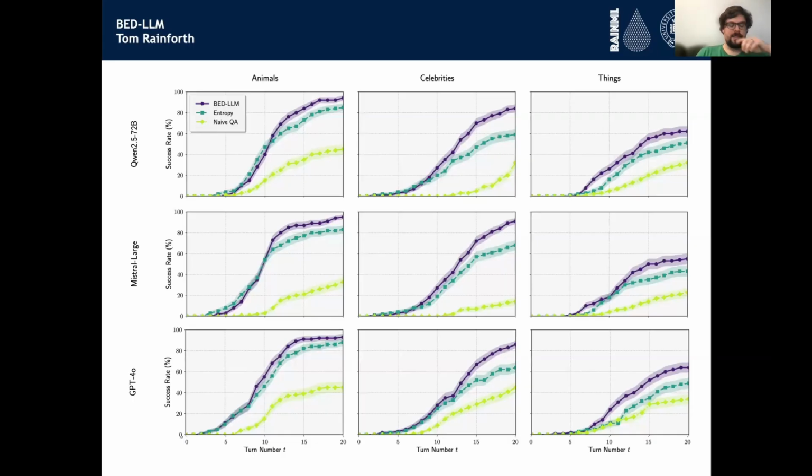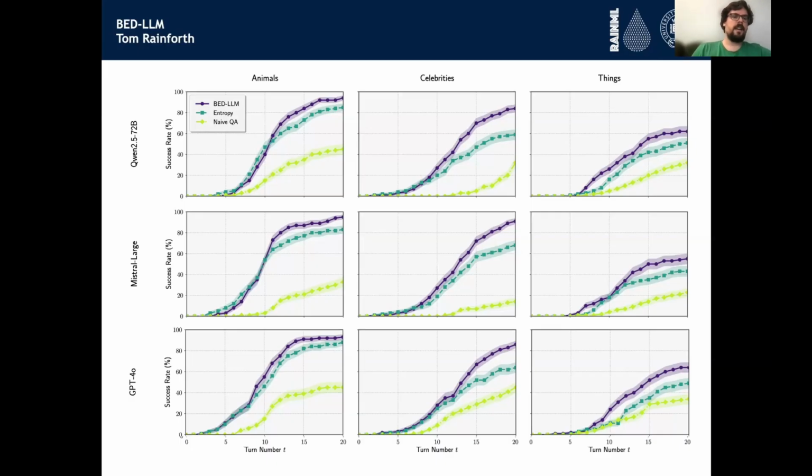And so here is a summary first of the results for 20 questions. Here we've got three different categories. We could do 20 questions to find animals on the left, celebrities in the middle, or things on the right. And what we see, very comprehensively and again and again, is that this BED-LLM approach is significantly outperforming both predictive entropy and this naive QA approach.